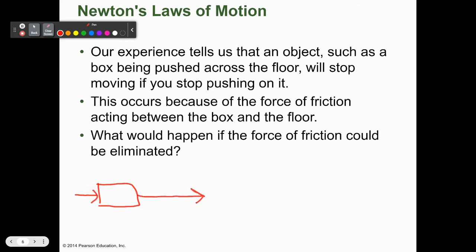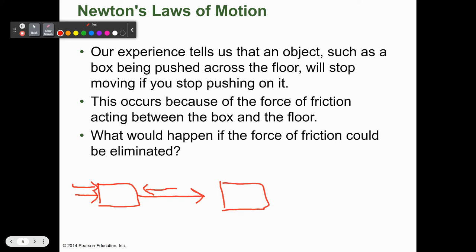When we stop pushing it, then it stops moving. There's a force of friction acting here, and then there's your force, and friction acts opposite to the direction you are pushing.